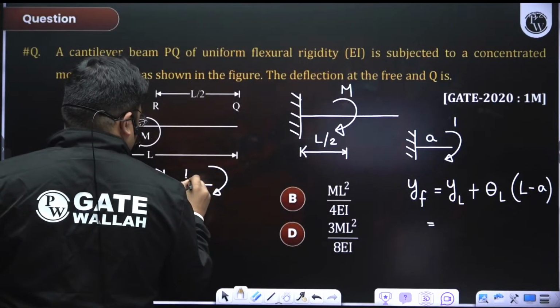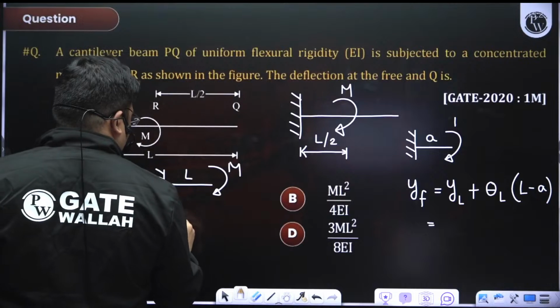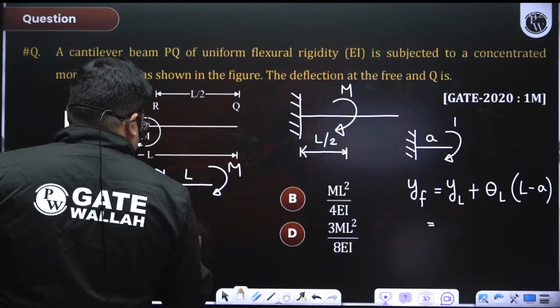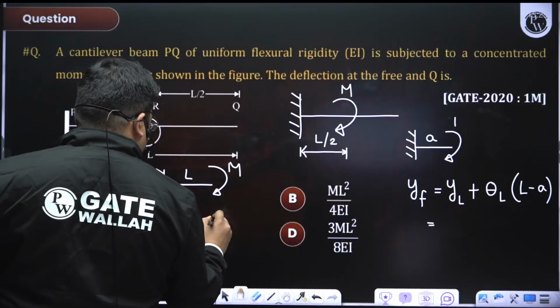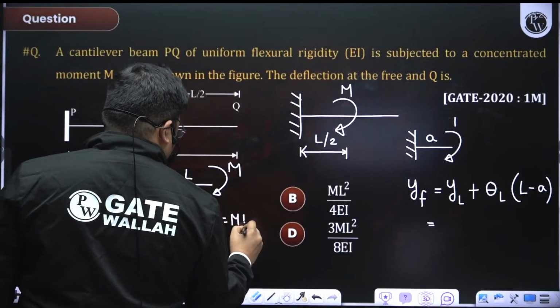If this is L, M, the normal formula for deflection is ML square by 2 EI, and slope is ML by EI.